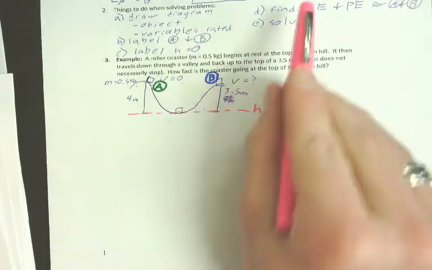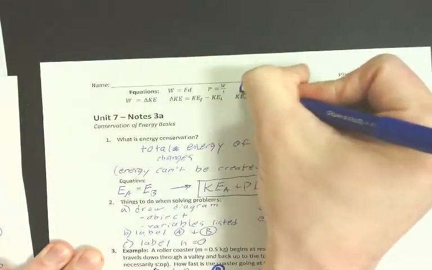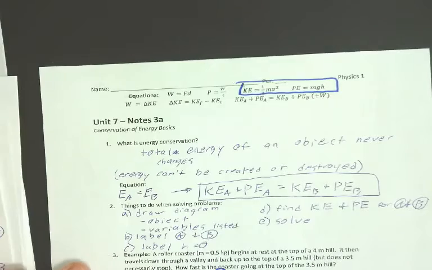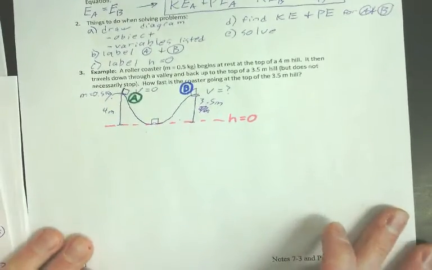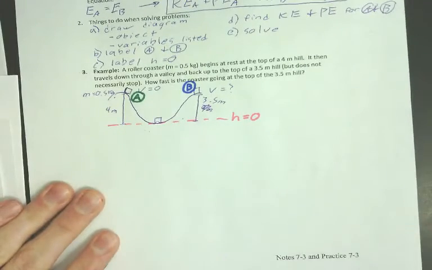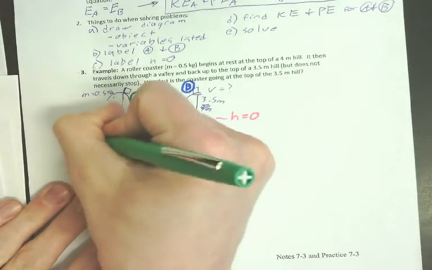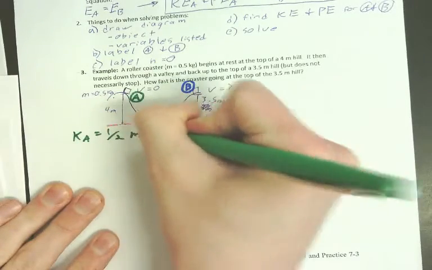So now we're ready to find the kinetic and potential energies for A and B. So the equations we're going to use are these guys up here. 1/2 mv squared and mgh. So the kinetic at A is going to be 1/2 mv squared.